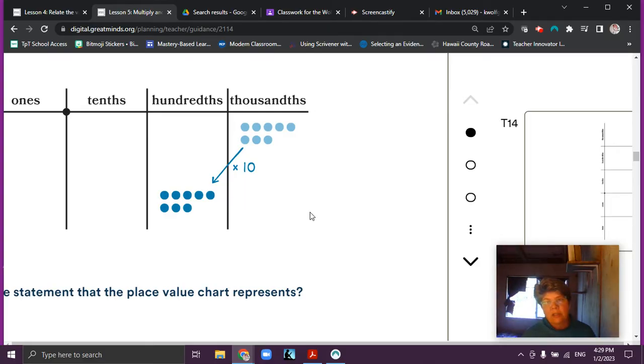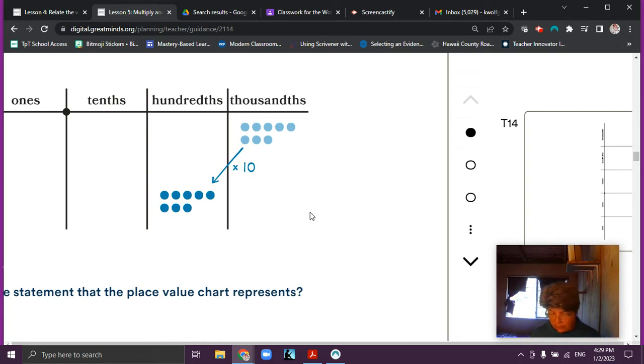Go ahead and put that on your place value chart so you have that as part of your notes. And what equation would show the statement that our place value chart now represents? Can you write an equation there? You could put it on the page facing your place value chart, or on the back of the place value chart.